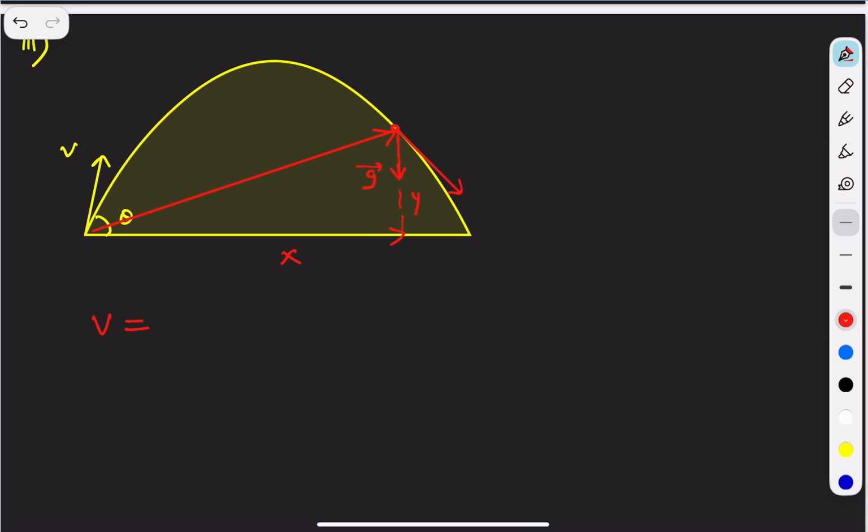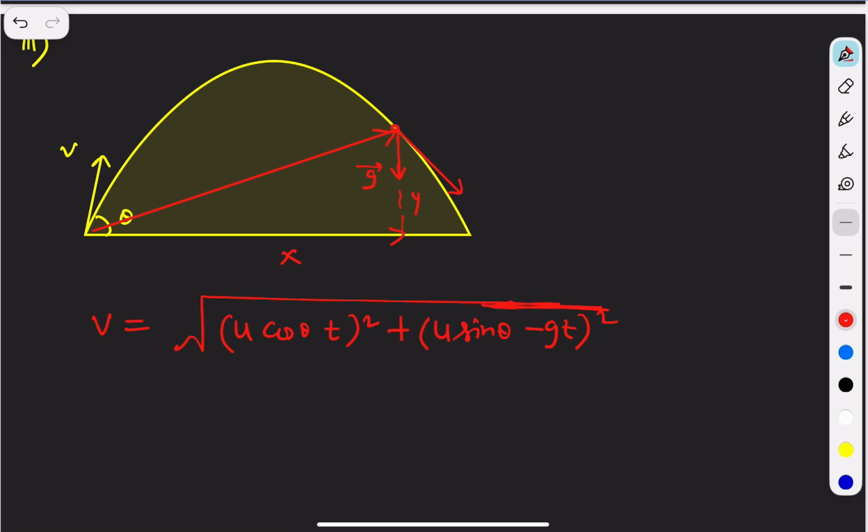Let me see whether we can do it without vector form. So if you see, under root of u cos theta into t whole squared plus u sin theta minus gt whole squared. This is vx squared plus vy squared. I hope you know this. So this will be your velocity.